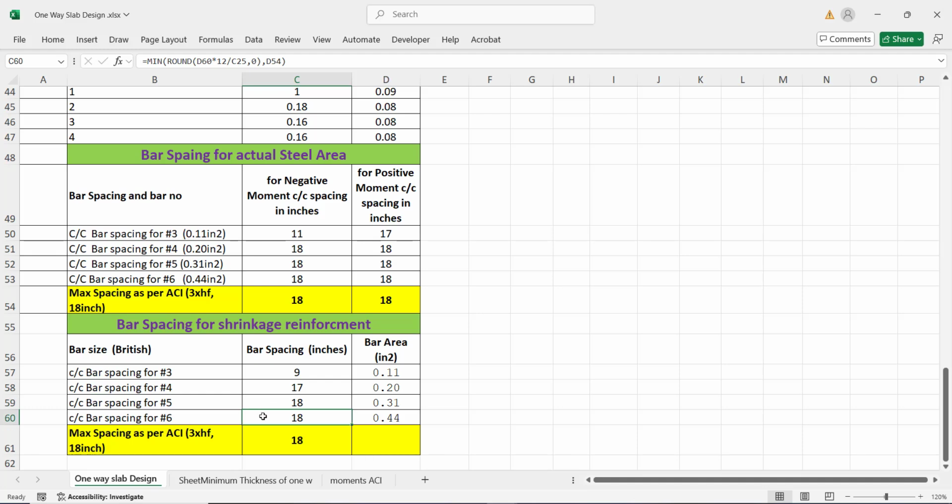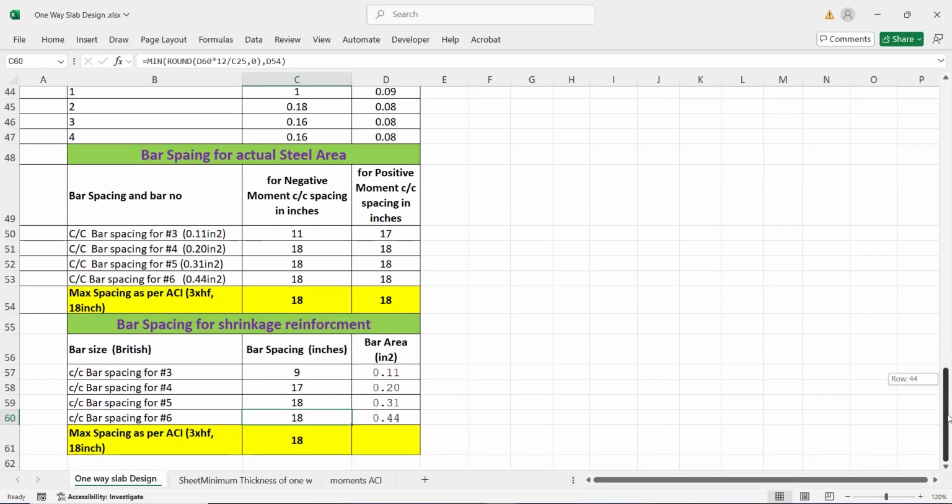Another is the shrinkage reinforcement or the temperature reinforcement. One is the main reinforcement, which is provided in the short direction, and one is the temperature reinforcement, which is provided in the other direction, perpendicular to the main reinforcement. So the main reinforcement will be at 9 inches if we use number 3 bar. The other reinforcement, shrinkage or temperature reinforcement, will be this one.